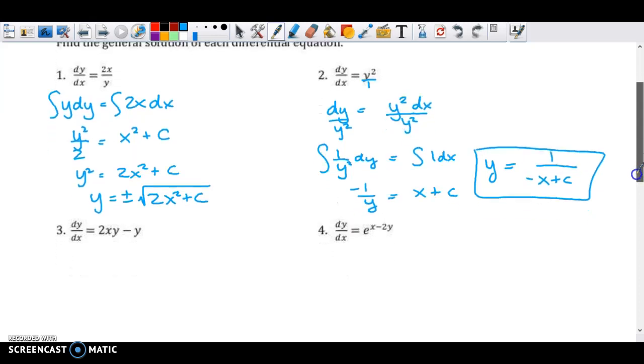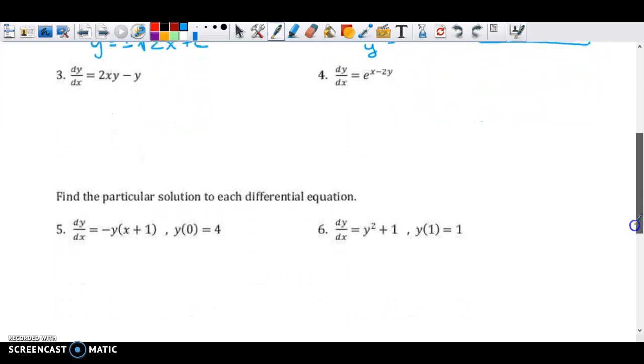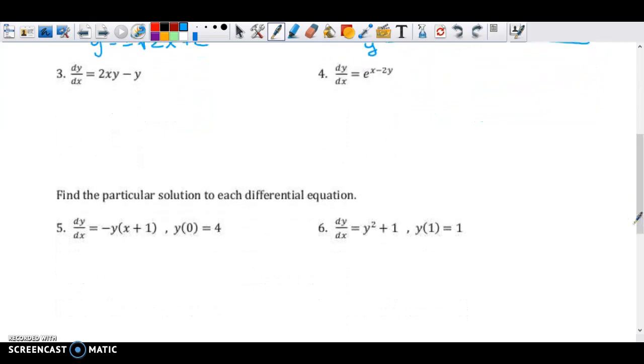All right, let's look at a few more that are just a little bit different. Okay, hopefully on number 3, you're recognizing that both of these have a y. So what I'm going to do is actually factor that y out. Then I'm going to cross multiply.